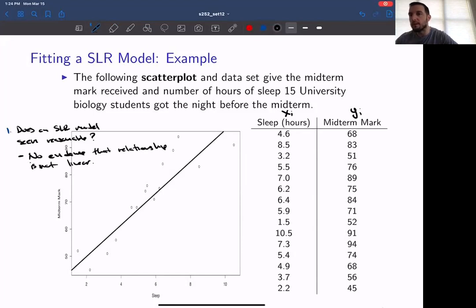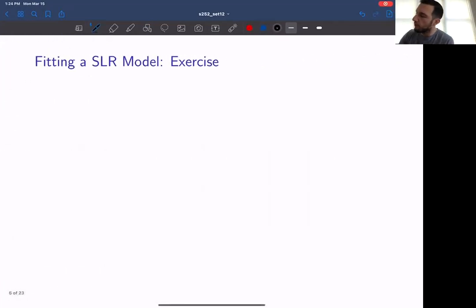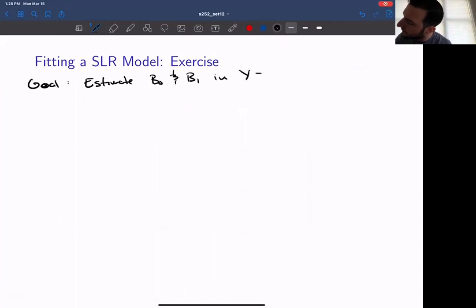Essentially, what we've determined here is that using a straight line model, or the regression line, is reasonable because it appears that Y is linear with X. We have SXX, SXY, and the means. Again, the goal here is to estimate Beta0 and Beta1 in Y equals Beta0 plus Beta1 X.